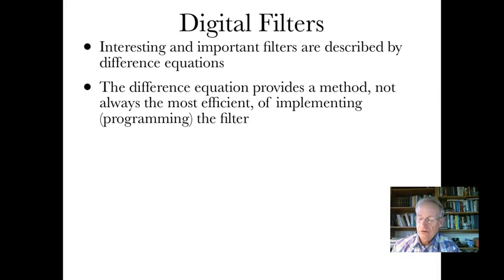Well, it turns out in terms of when you get into the details of counting the multiplications and additions it takes to find the output for a given input, the difference equation works fine, but it isn't the best. And we're going to talk about that in another video.